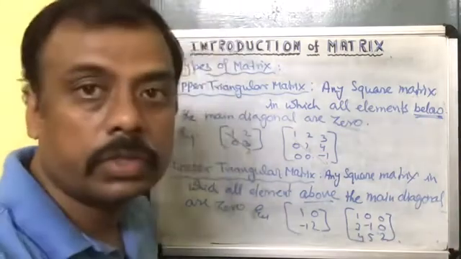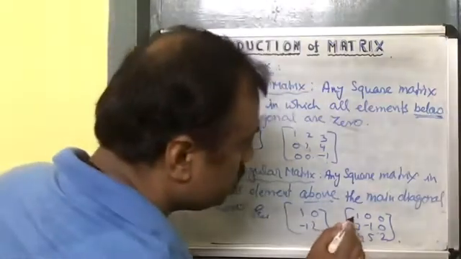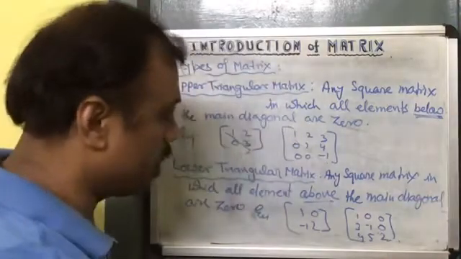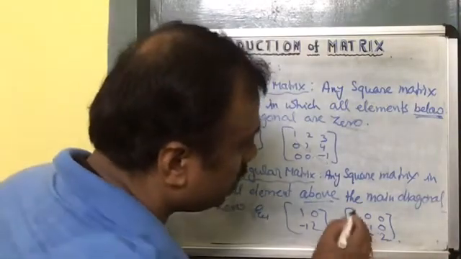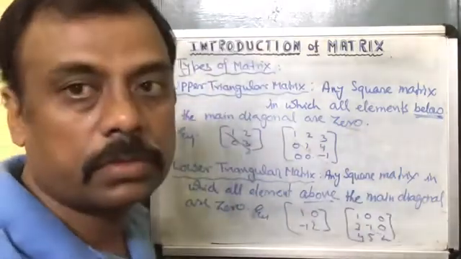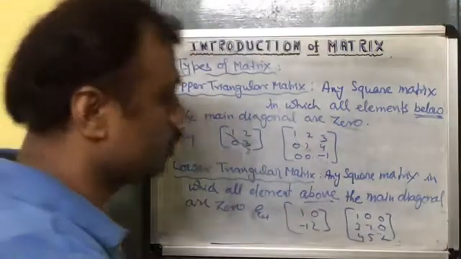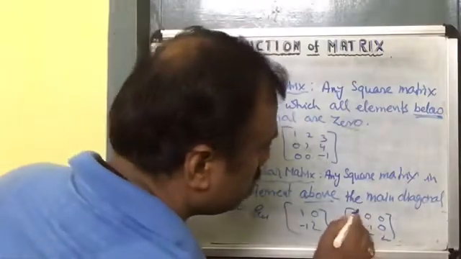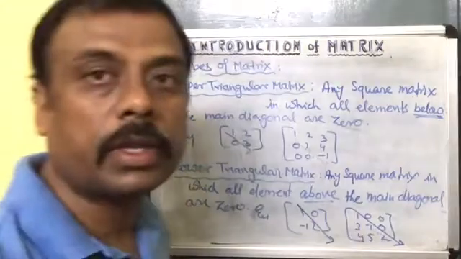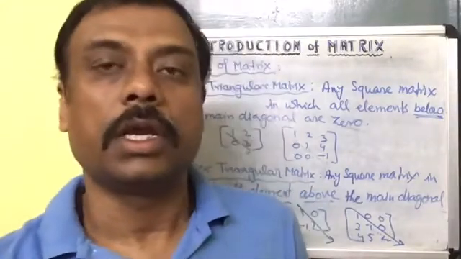So here you see that the elements above the main diagonal are 0. Okay, so we can write it here in this way.